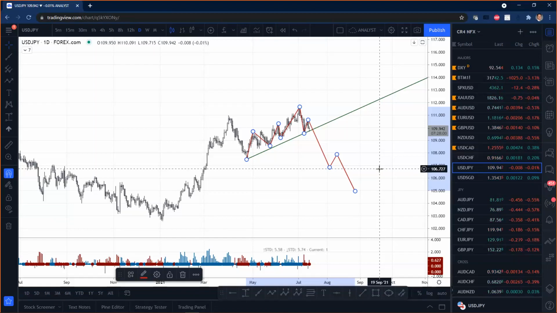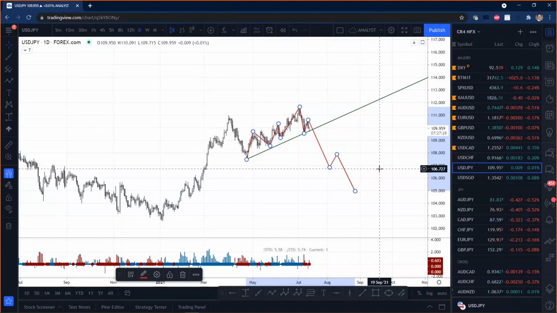Although Switzerland has changed over the years in some respects in how it's been seen, at the end of the day, it's still considered a safe haven place to put your money. Therefore, if there's any sort of movement to safety, then we do still see some demand for the Swiss franc and the yen.